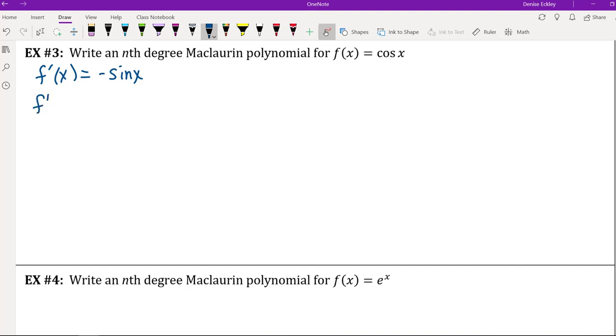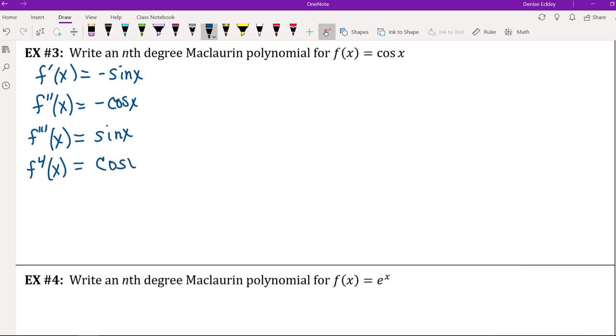Then f double prime of x will be negative cosine x. F triple prime of x will be sine x. The fourth derivative of x will be cosine x. And then finally the fifth derivative of x will be negative sine x.